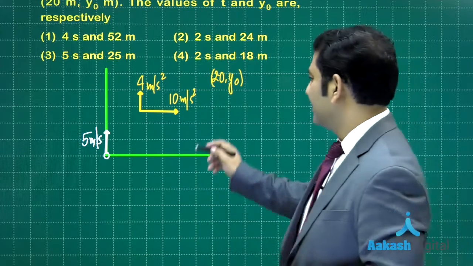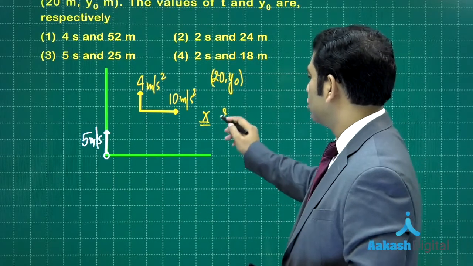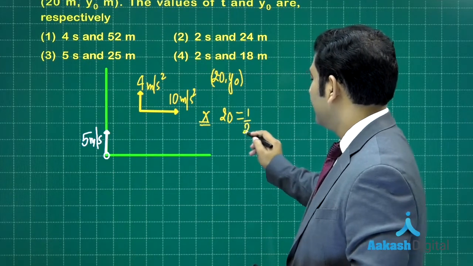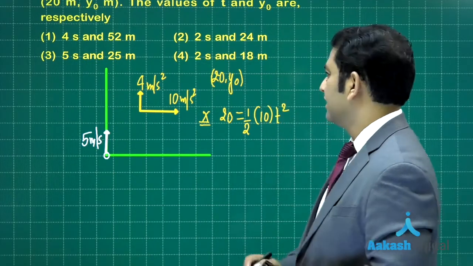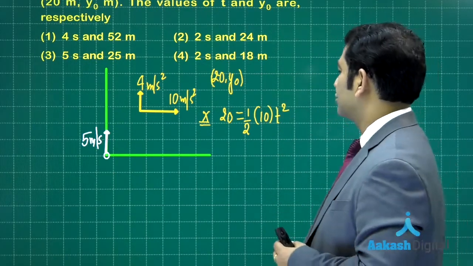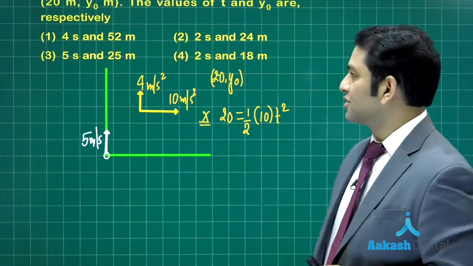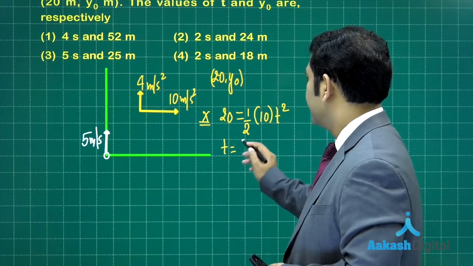So if I start with x, the x displacement is 20, equals 1/2 times acceleration, that's 10, into t square. So the value of time comes out to be 2 seconds. Once the time is 2 seconds, options 1 and 3 would be eliminated.